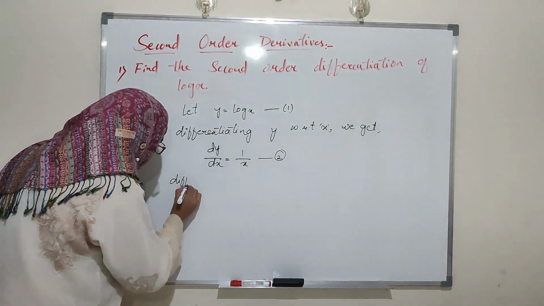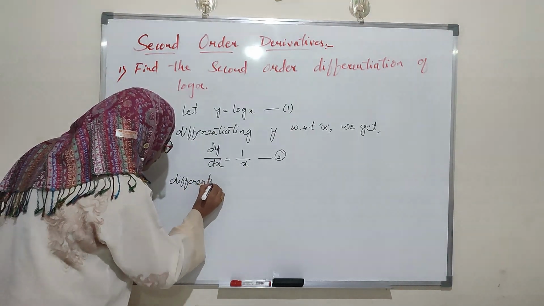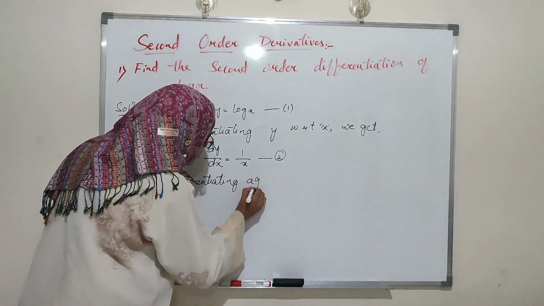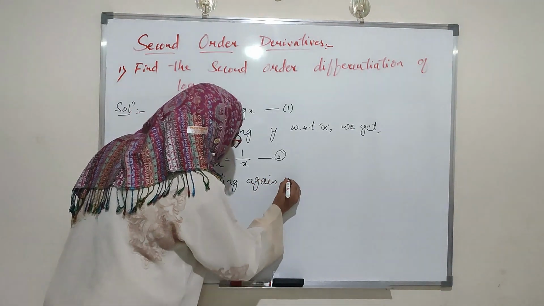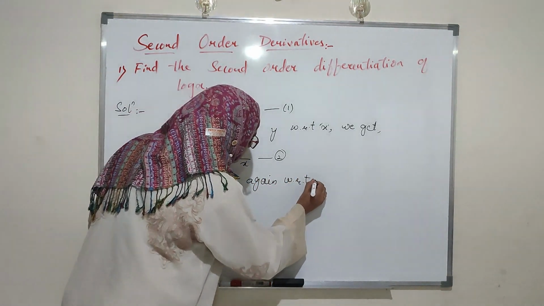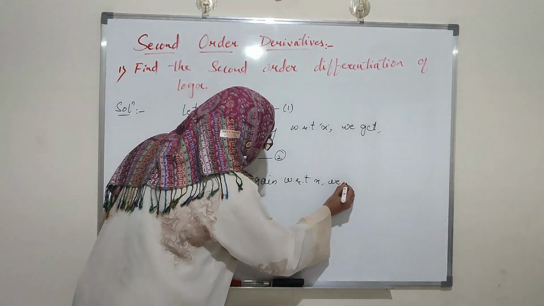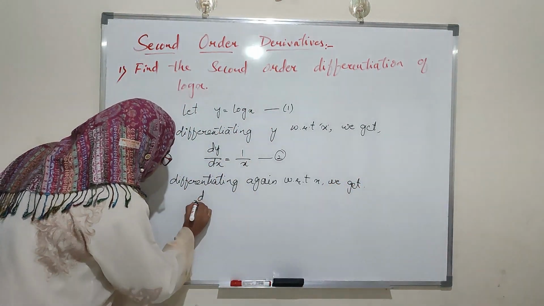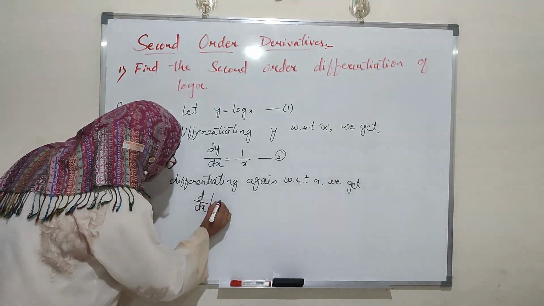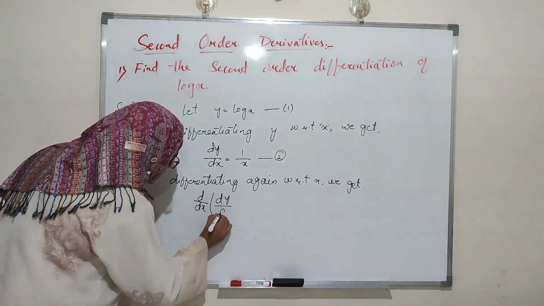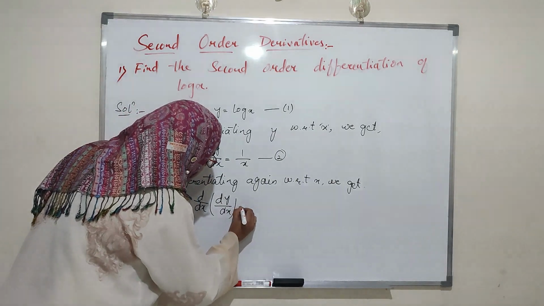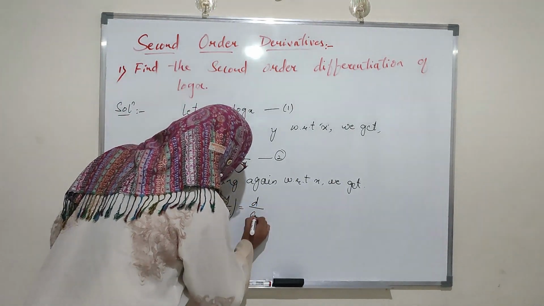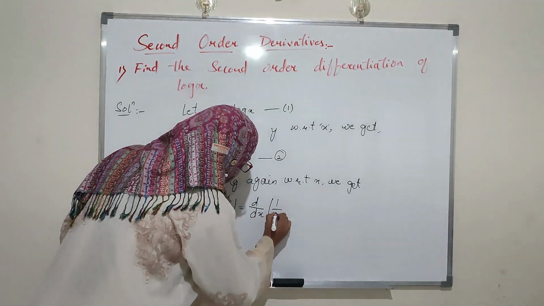Differentiating again with respect to x, we get d by dx of dy by dx is equal to differentiation of 1 by x, d by dx of 1 by x.